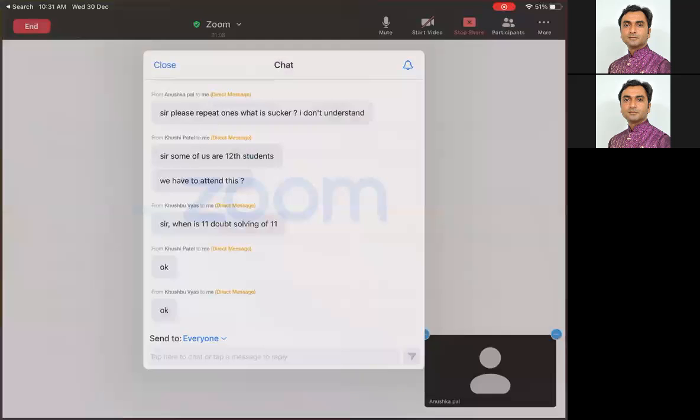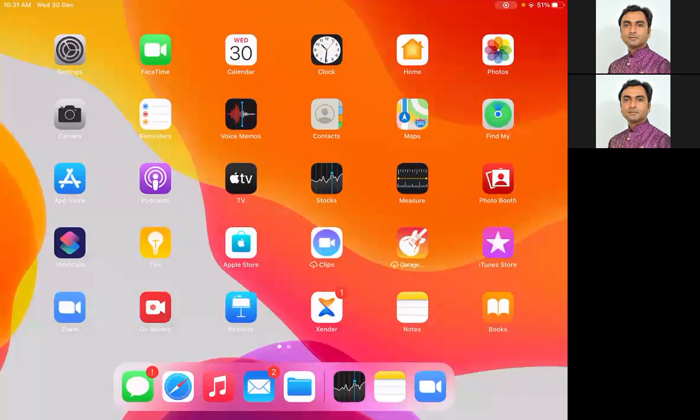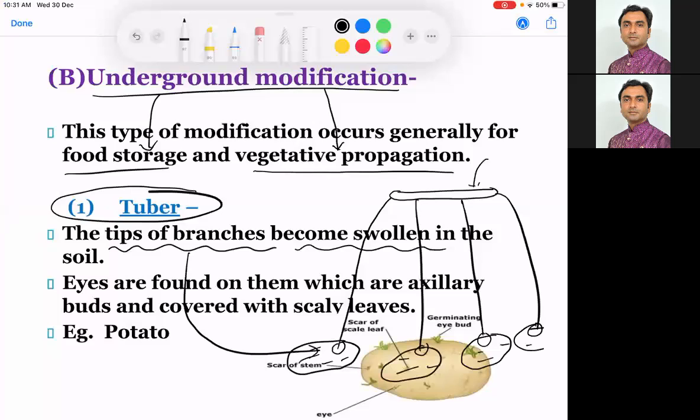So the tip of the branches becomes swollen. These are the branches, it is all underground, and only the tip is modified to store food. Right?